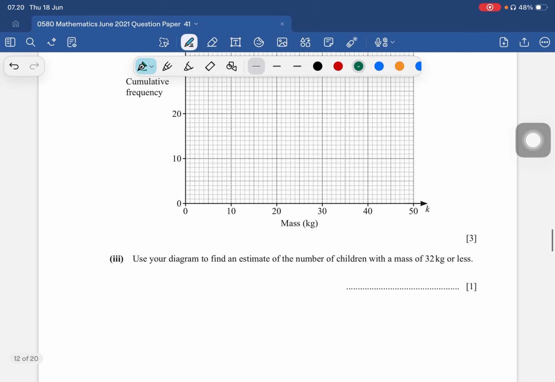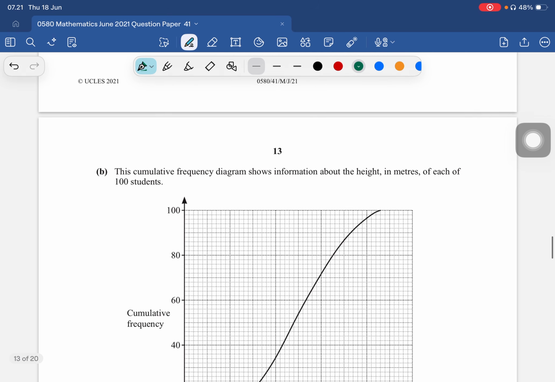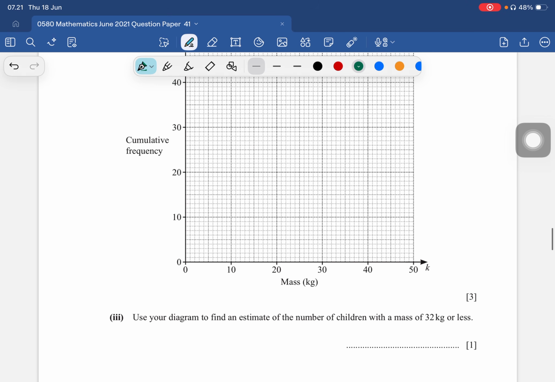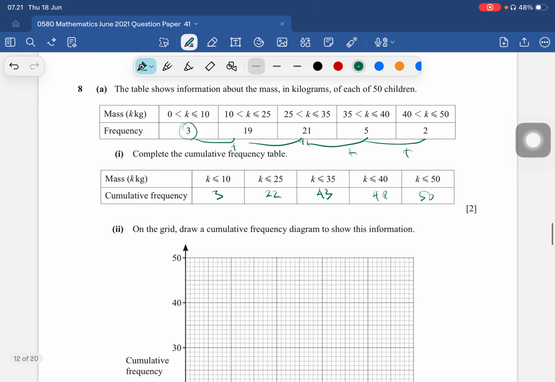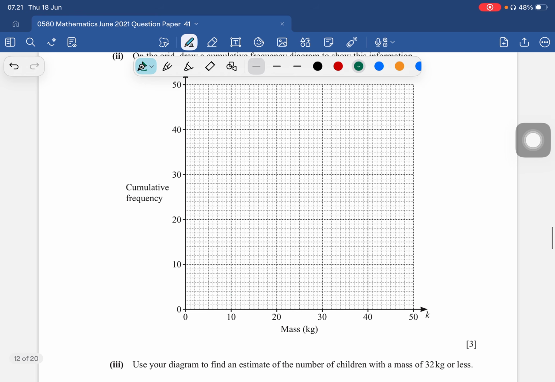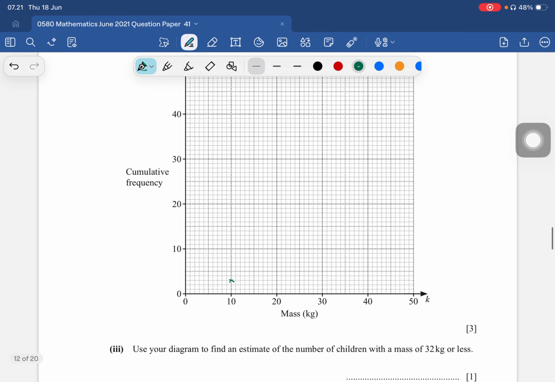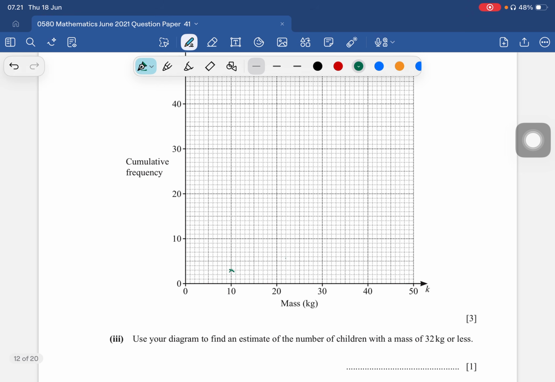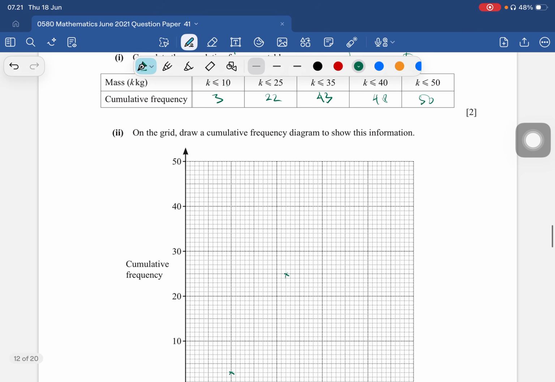Okay, on the grid. Starting with the first point, 10 with 3. Where is 10? Okay, this is 3. And this is 22 with 25, then 35 with 43.